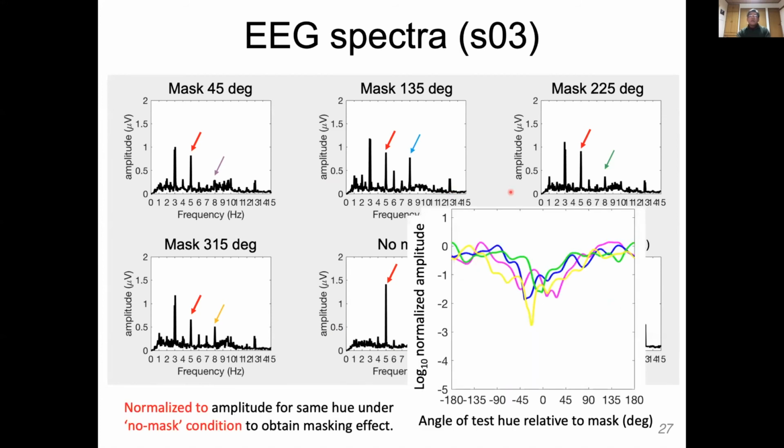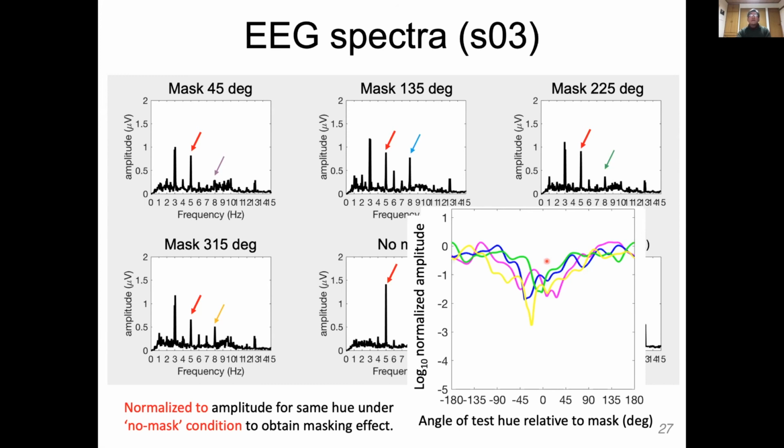And here is the masking effect shown as a function of the angle of the test hue relative to the mask on the horizontal axis. The vertical axis is the log normalized amplitude of the test response. It shows a bottom or dip at around 0 degrees, around the mask hue, and it seems to show some peak offset sideways from 0 degrees, depending on the hue of the masking stimulus.